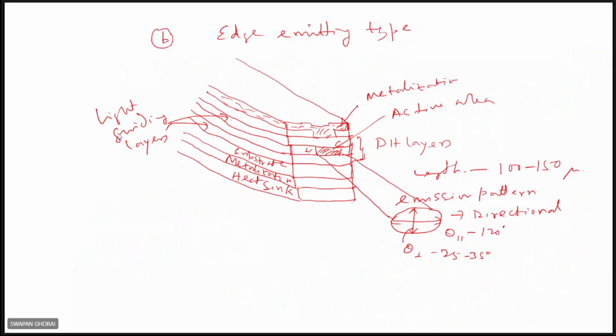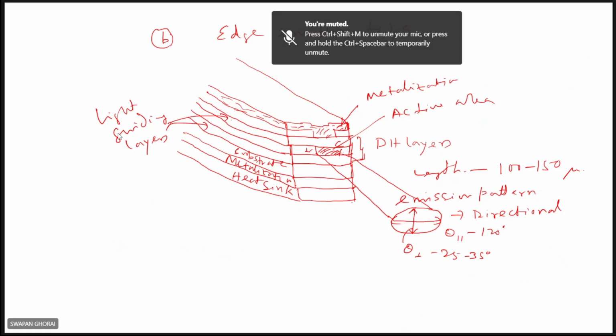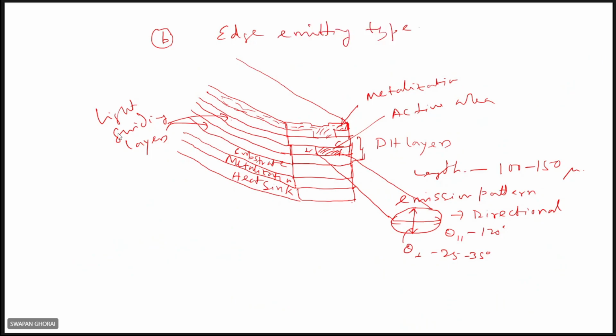Next, you see the edge emitting type LED. In this case, another structure is here for semiconductor light emitting diodes. This is also an LED, the edge emitting type LED, right? Light emitting diode. Here, stripe structures are there. You see, these are the stripes. Stripe geometry is here.